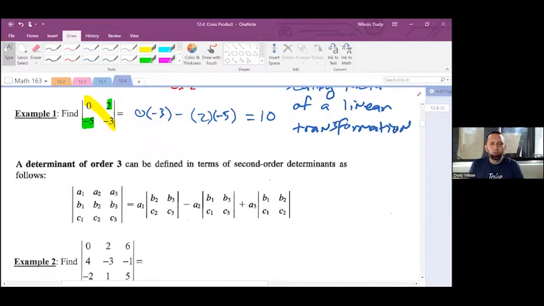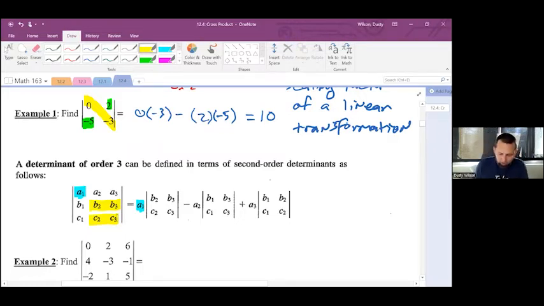A determinant of order 3 can be defined in terms of second order determinants as follows. We're going to take the entry A1 here, and we are going to multiply it by the determinant of the other rows and columns.